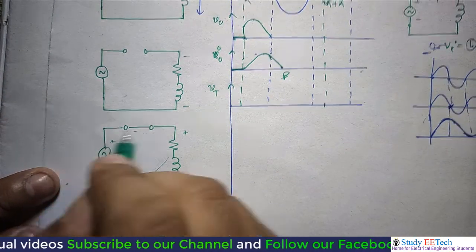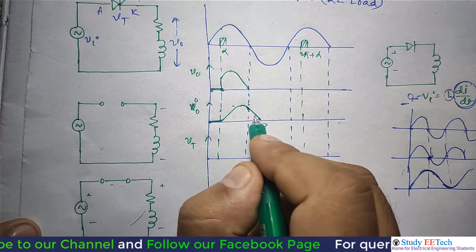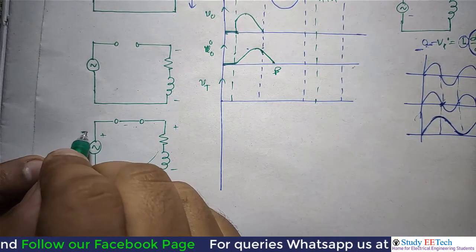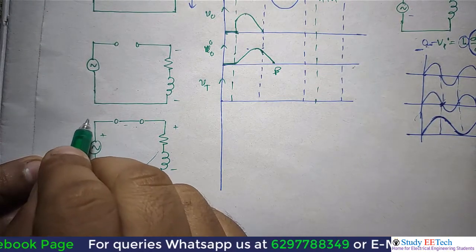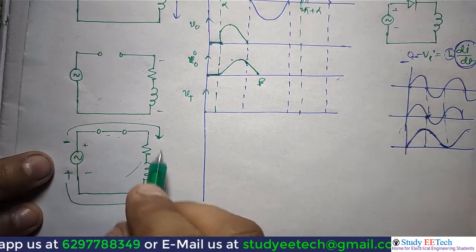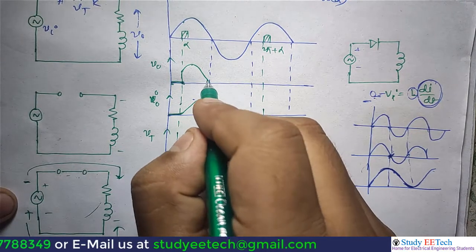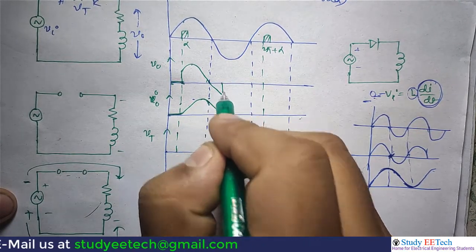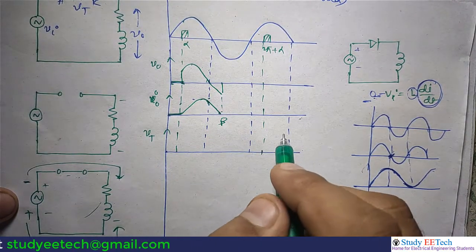Now the polarity right after pi has become negative and positive. This negative polarity will appear here, positive polarity here, and the output voltage will have a negative swing till the beta point is reached.